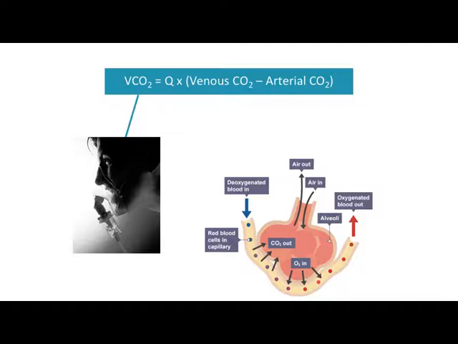Venous CO2 is the highest, and here it is incoming to the lung. This is whole body mixed CO2, if we can ever sample that. And then leaving the lung, we'd have whole body arterial CO2 after full equilibration, right?